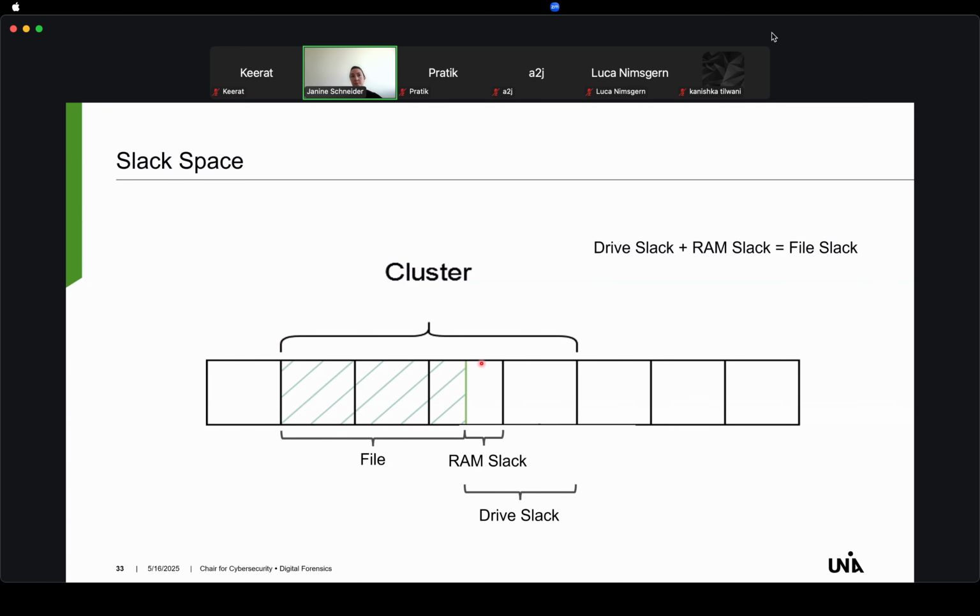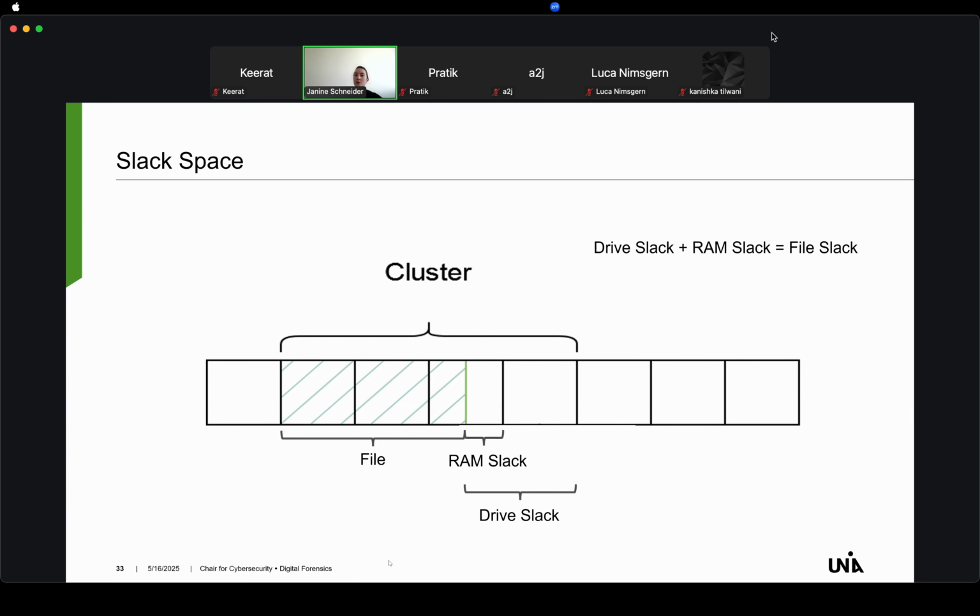And in the Slack Space part, you can sometimes find old data which belongs to a file that was written before this file was created. As I said, it depends on the technology and file system, but in the best case, you can find something interesting here from a forensics perspective.